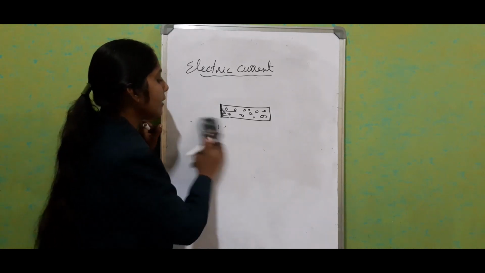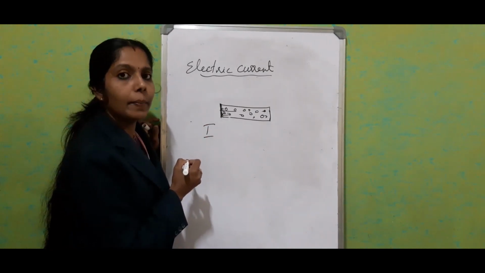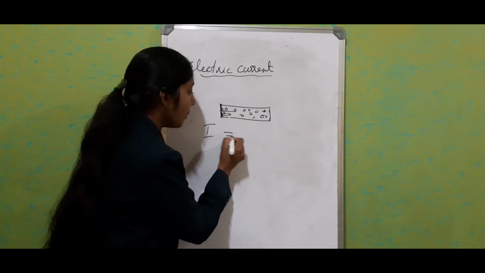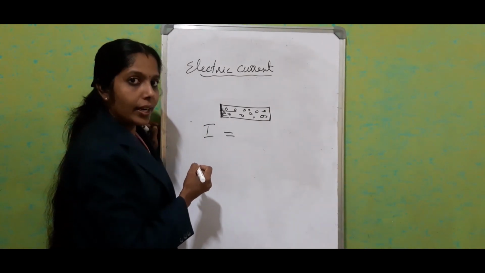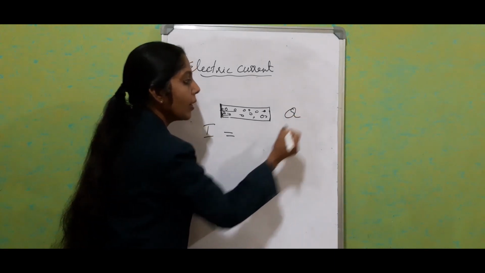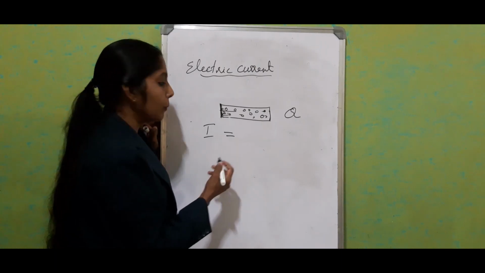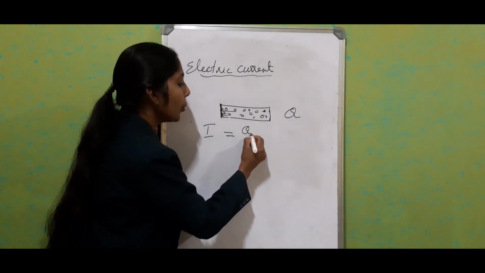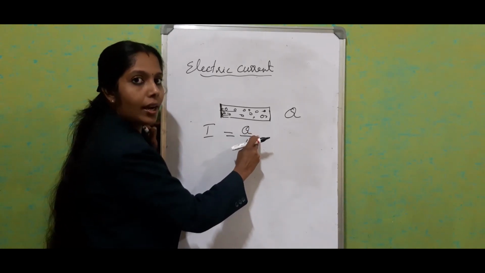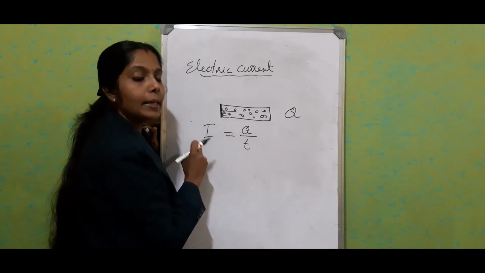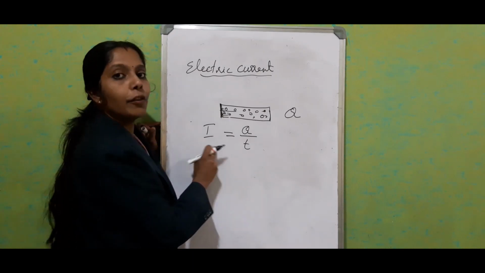Current is always represented by the letter I. We can make an equation. Electrons are charge carriers, and we represent the charge with the symbol Q. Here I am using capital Q. I is equal to Q divided by T. So how much charge traveled in a particular interval of time, or in unit time, will give you the current.